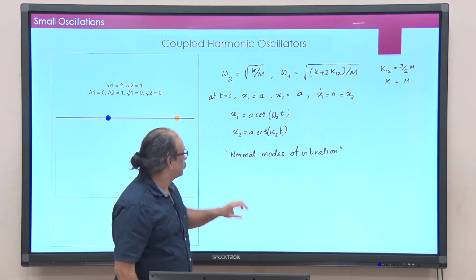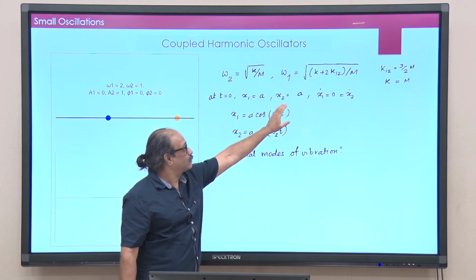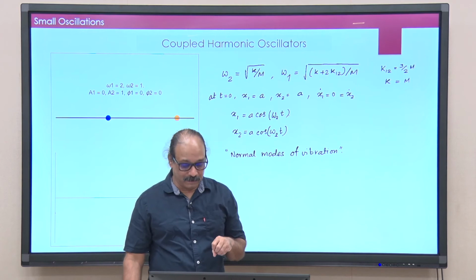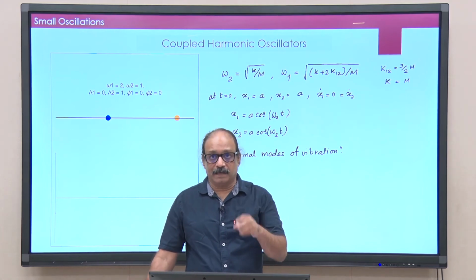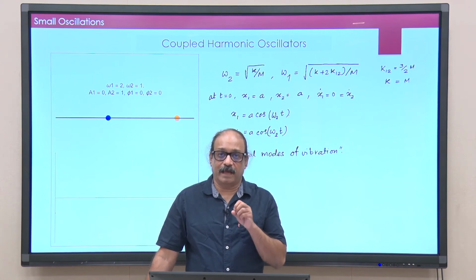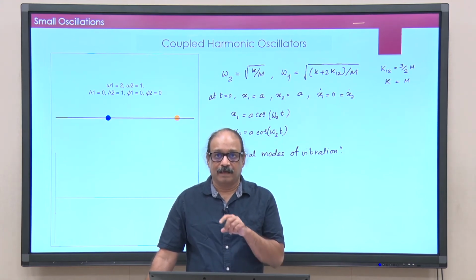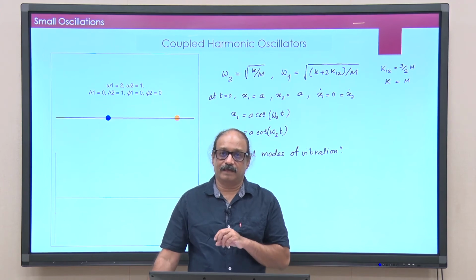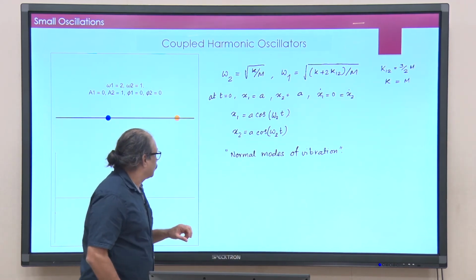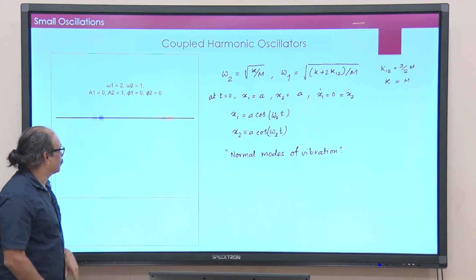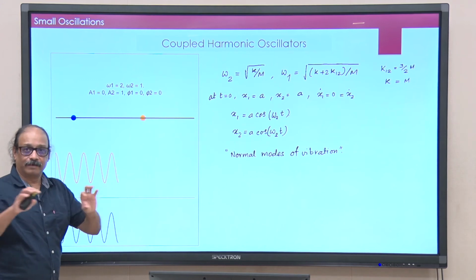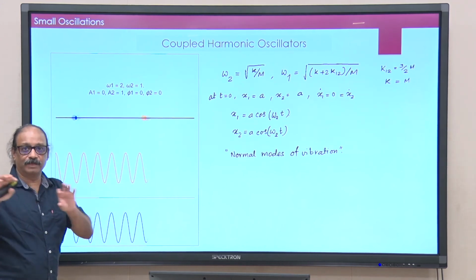So, x1 is plus a and x2 is plus a, and in this case what happens is, I will ask you people to calculate these constants and show that a1 must be 0 and a2 is basically a non-zero number. So, now in this case the motion is something like this. The two bobs move in sync, they are moving together.